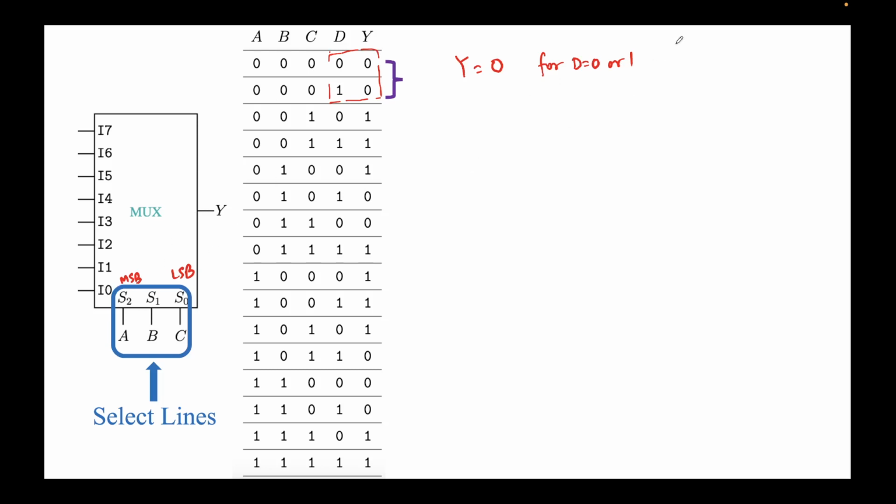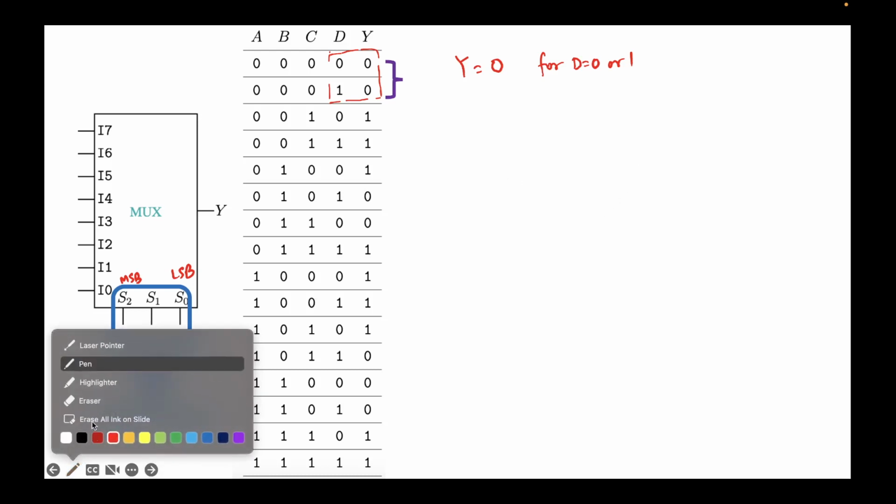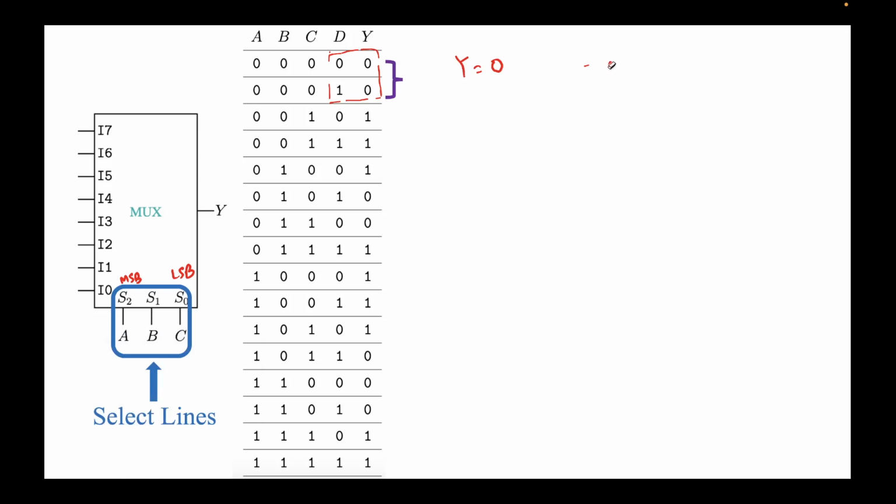Let me say it in a different way, it's easier to comprehend. We can see that for all D, Y equal to 0.